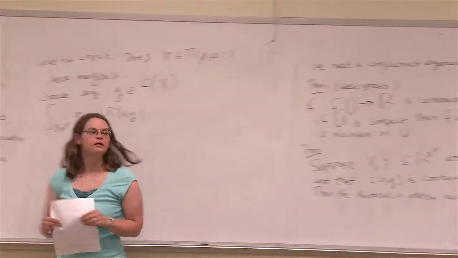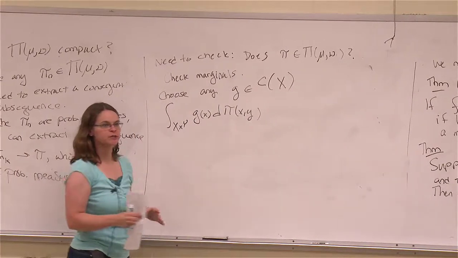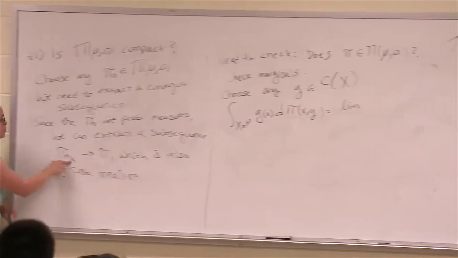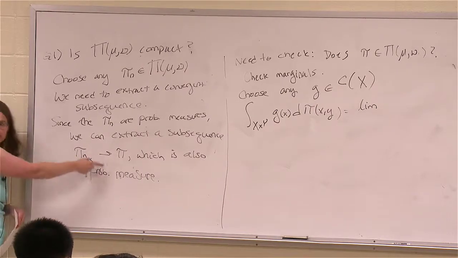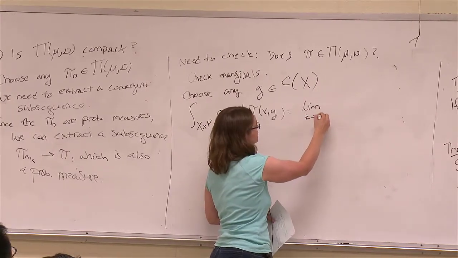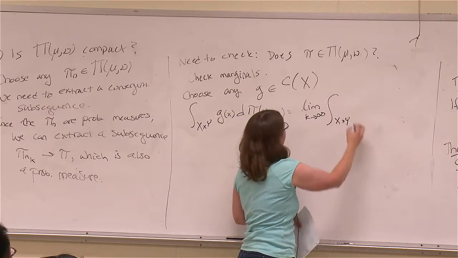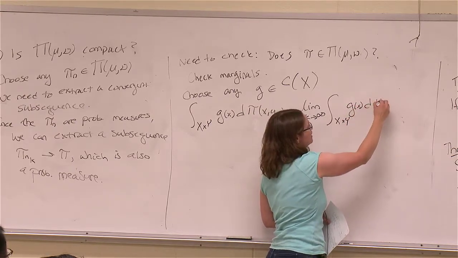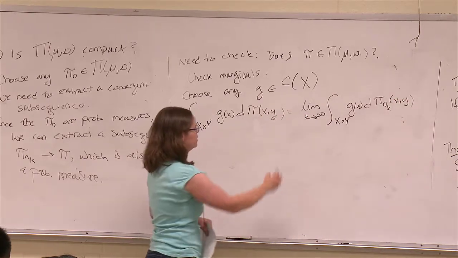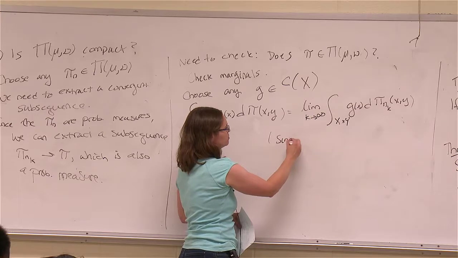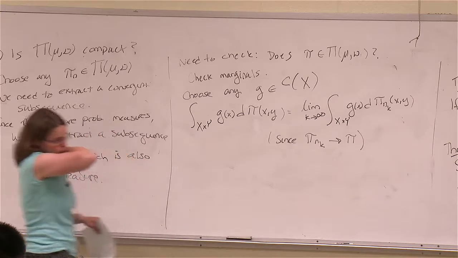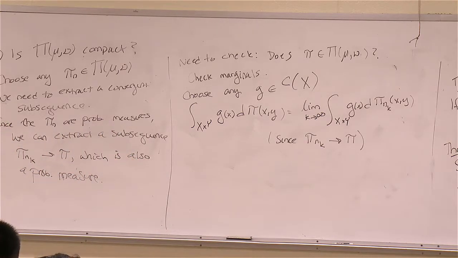So this should be equal to the limit as k goes to infinity of g of x d pi_k. And this works since pi_k converges to pi. That's the definition of convergence.